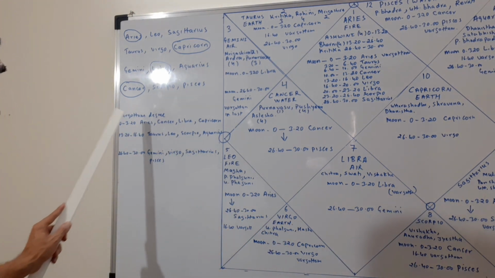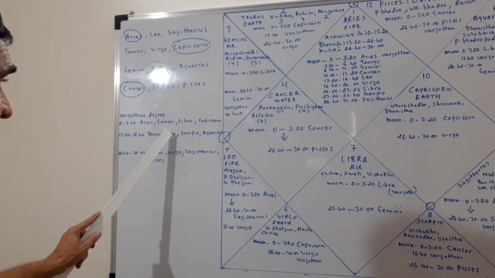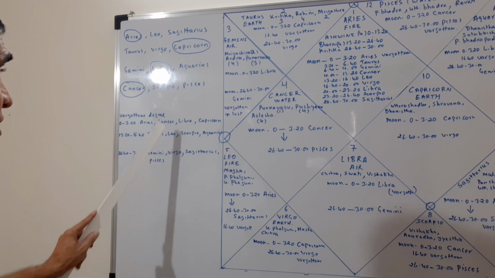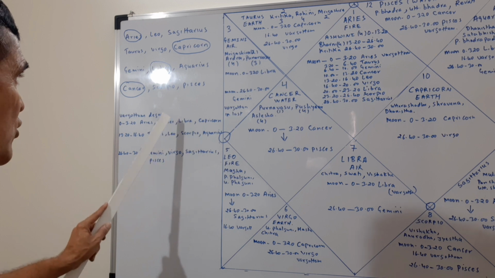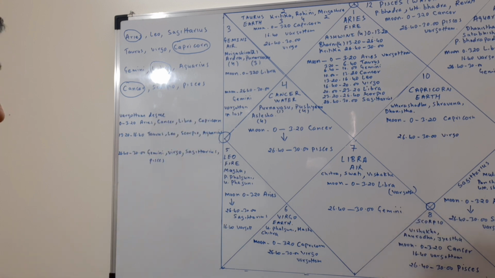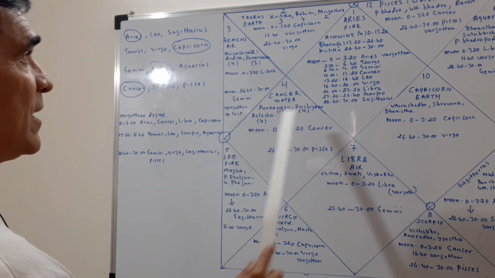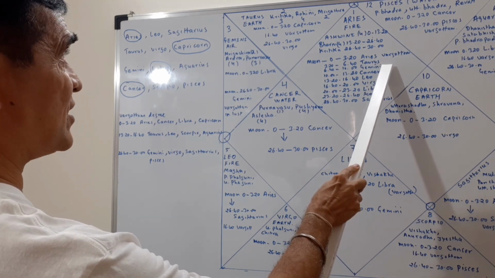And interesting, see, it always goes in series. Aries, Taurus, Gemini, Cancer, Leo, Virgo, Libra, Scorpio, Sagittarius, and then it goes Libra, Scorpio, Sagittarius, Capricorn, Aquarius and Pisces. It goes in a sequence. And you can see over here, this was at the beginning, Aries.